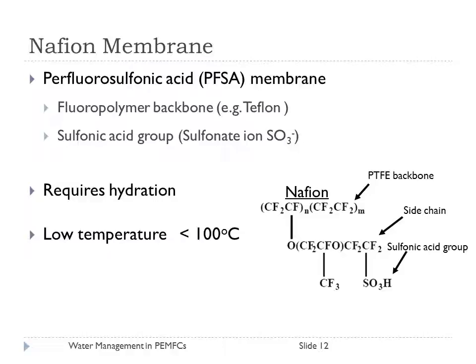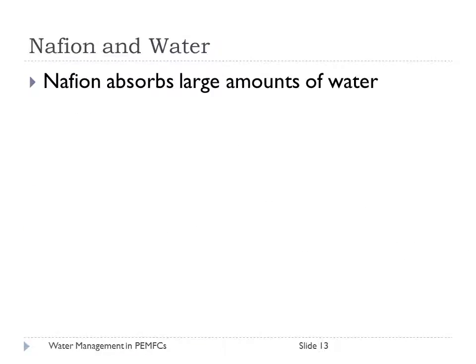If there's no water around, then there'll be a proton associated that's directly attached onto that sulfonic acid site. Generally these membranes are good up to about 100 degrees C, and they need a lot of hydration in order to maintain the conductivity, because as we'll see in the next slide, we need water to be able to pull the protons off of the acid group.